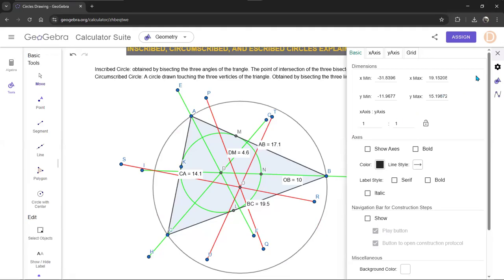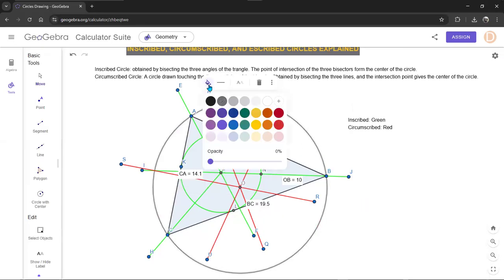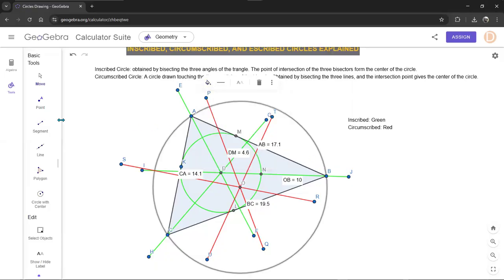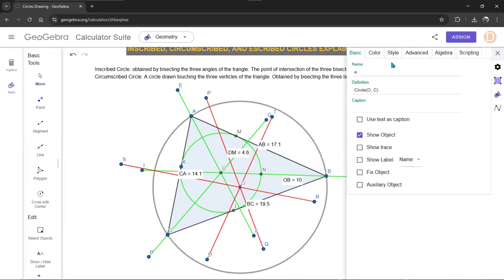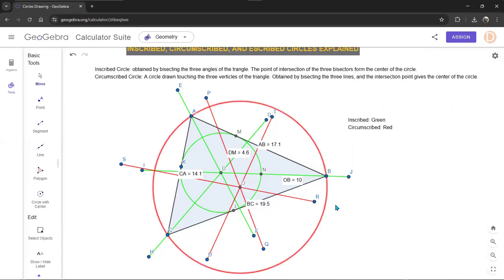So now you have the circumscribed circle. And in the same way, we said we need it to be red. So we just need to come to the color, and then we follow what we said. So up to there, I hope I'm clear.